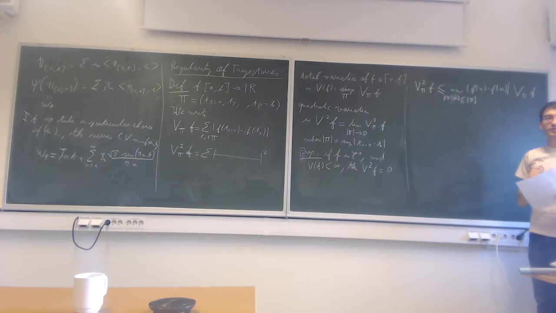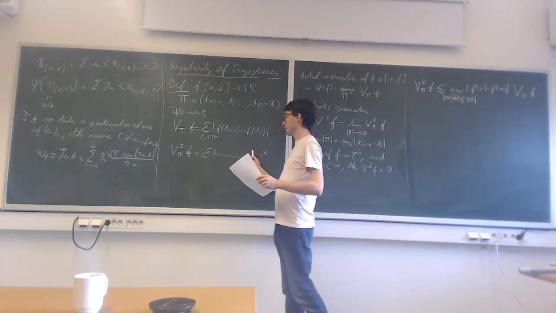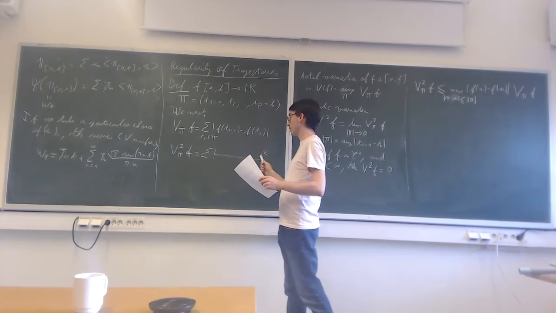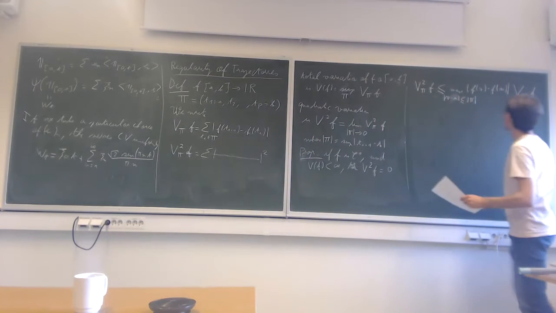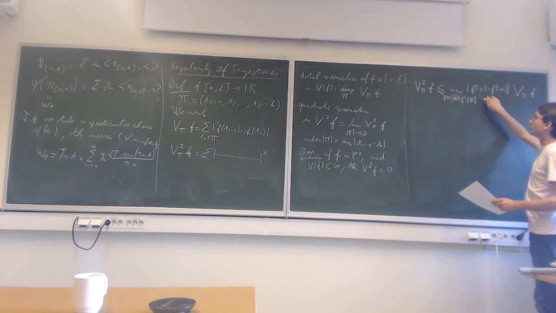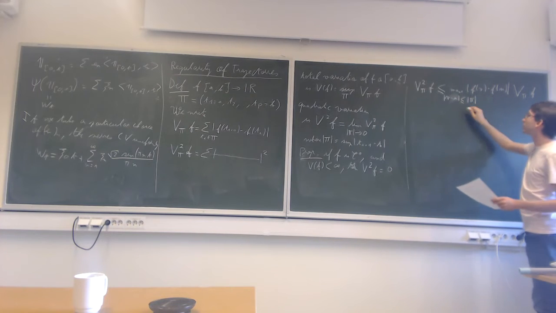Everyone agrees with this? I just bound one of the absolute values, and then I'm left with the sum of blah blah blah with the square. I just get this. Okay. This, as f is continuous, when the size of pi goes to 0, goes to 0.